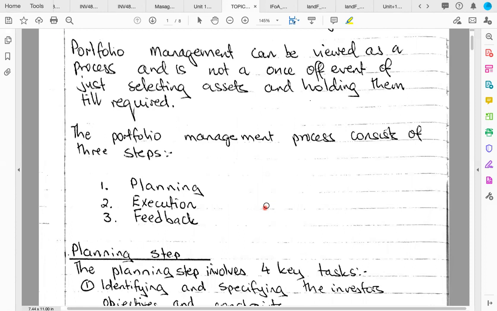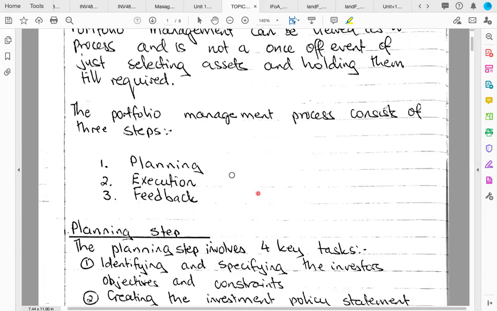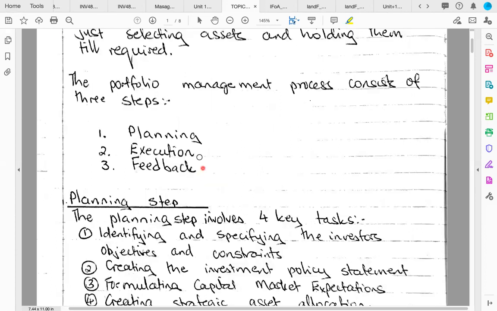That's the first step of the portfolio management process. The second step is execution. How are you actually going to execute the plans that you've come up with in part 1? And the last step is feedback. How successful was your execution of those plans, and do you need to make any changes?